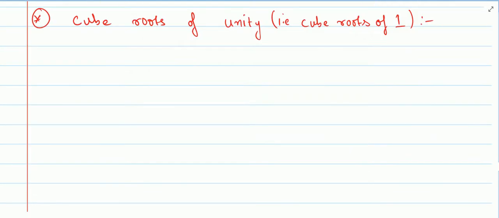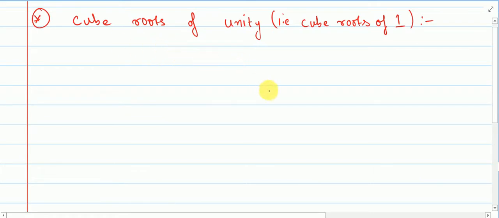Okay, children. So our next topic is cube roots of unity. That means cube roots of 1. So you can give this as a heading, and now firstly I'll try to explain what we are trying to find, what we are trying to get through this.